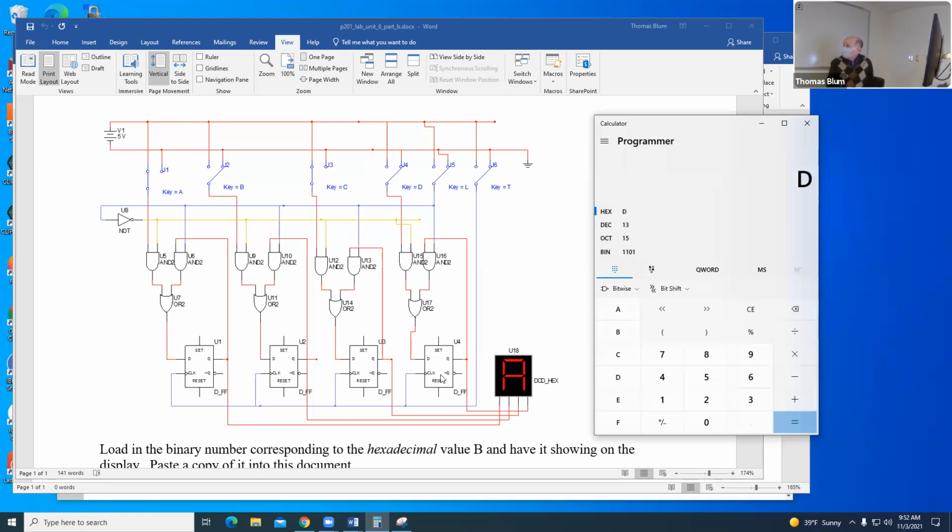That means these are edge triggered, so you must go through an edge for anything to be written to the flip-flop. That means you go tick-tock back and forth with the T switch here. So if I say load up a D, you'll say high, high, low, high. You put the L on low, and then you go back and forth with the T. Only one of those edges matters, but I always go back and forth to set myself up for the next time to go through another edge.